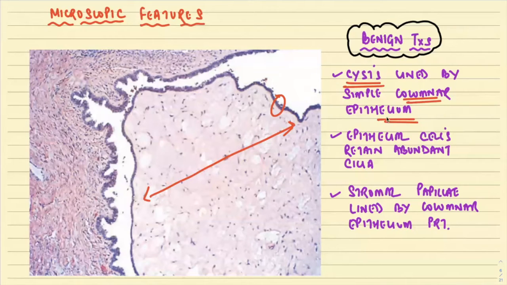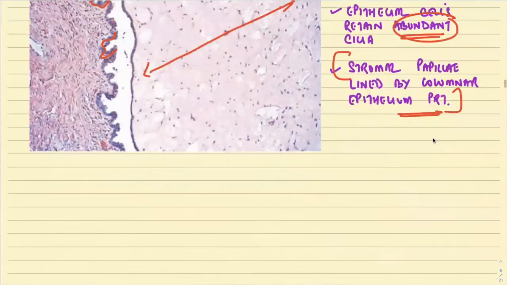Sometimes this epithelium can show stromal papillae, extending in the form of papilla, but there is no invasion. Stromal papillae lined by columnar epithelium are present. And epithelial cells retain abundant cilia, because the presence of cilia indicates the benign nature of the tumor. So this is about the microscopic features of the benign tumor.